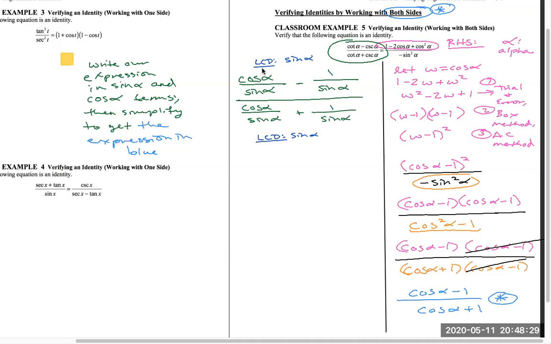So this LCD we're looking at is right here. So we actually don't need to change the denominators in this case. Both the denominators are the same on the top. So we're going to combine our fraction with sine alpha as our denominator.